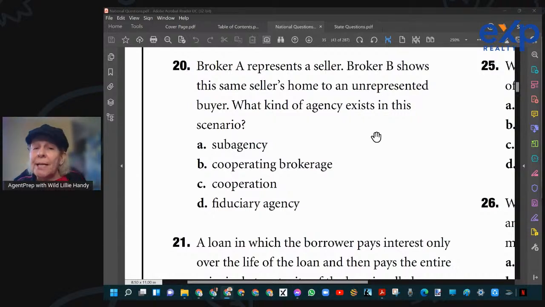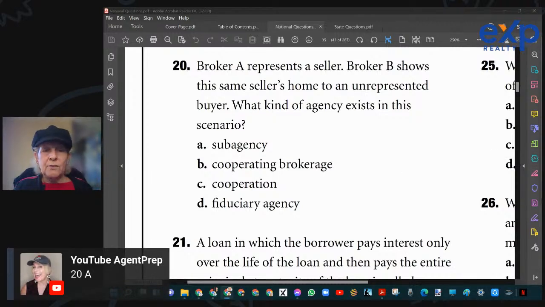That buyer is representing themselves. We do not owe them fiduciary agency. We do owe them honesty, stating facts, and care. However, we do not owe them all the fiduciary duties. So it is A.